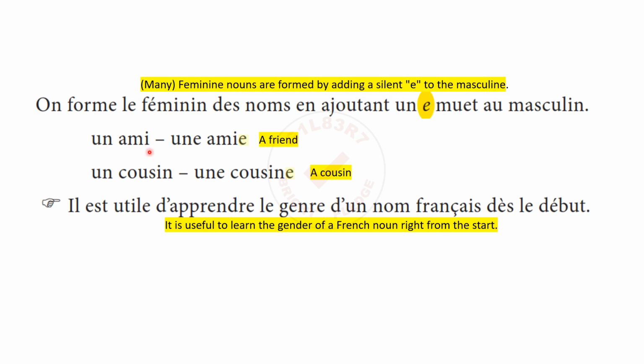So une amie: when you add the additional E, it becomes a friend who is a girl. Similarly, un cousin without the E, meaning a male cousin. Une cousine, meaning a female cousin. So when you add the additional E, it becomes feminine. As I stated earlier, it is useful to learn the gender of a French noun right from the start.